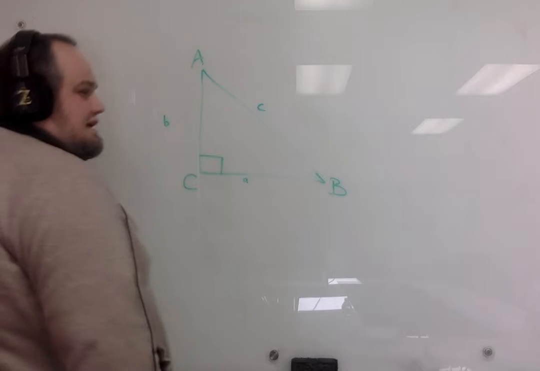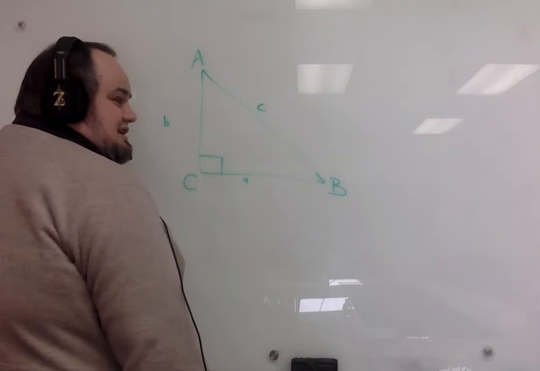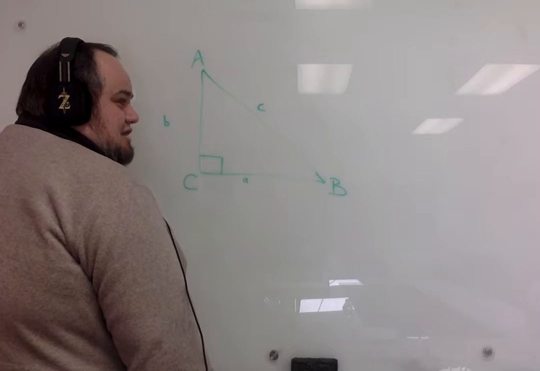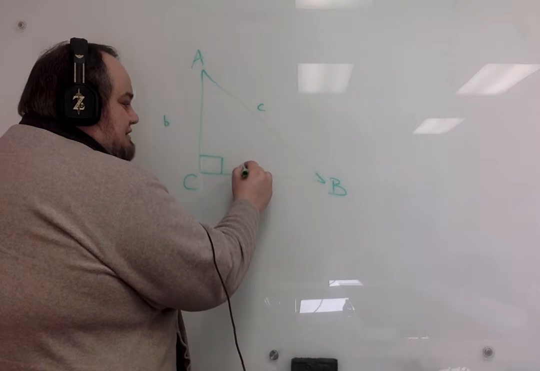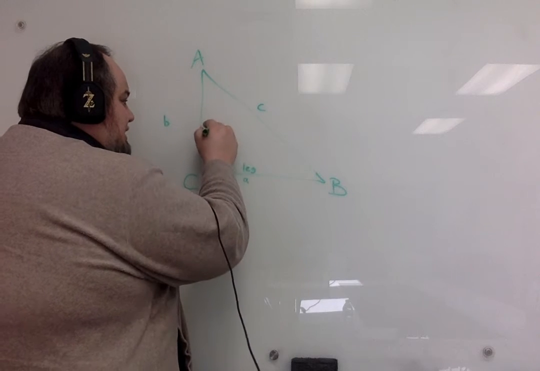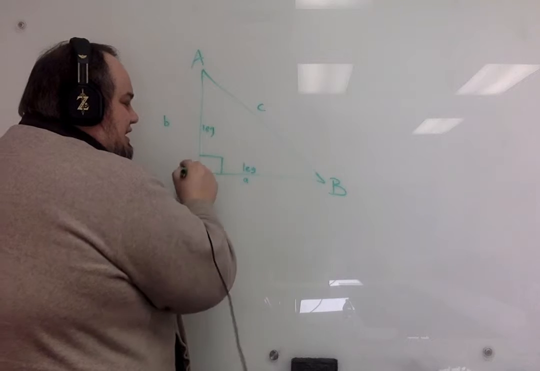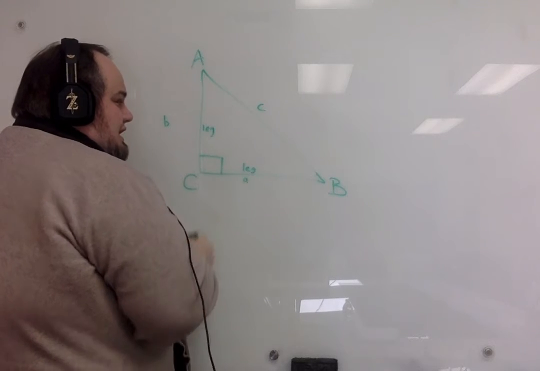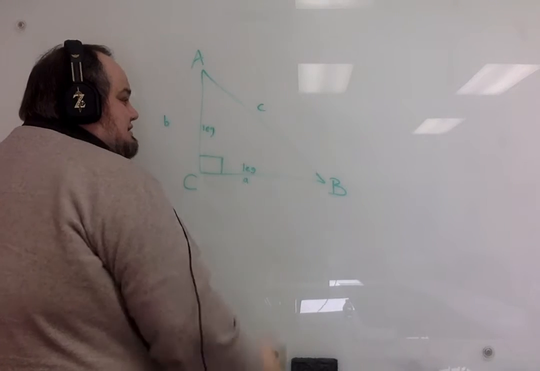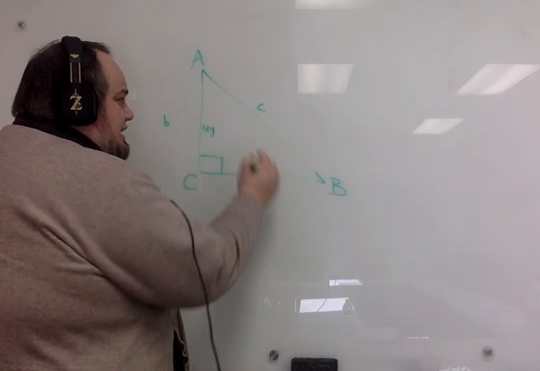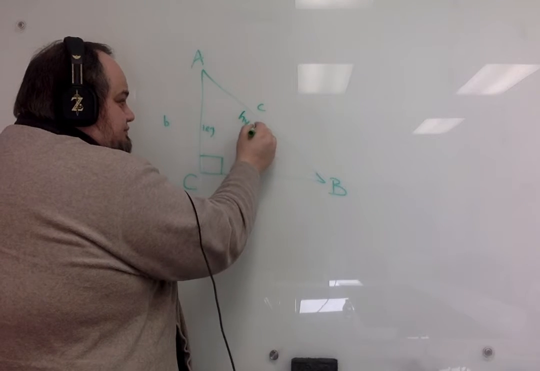Now, in a right triangle specifically, these different sides of the triangle have different names. This is called a leg. This one is also a leg. The two legs make up the right angle. And then the side that's opposite the right angle is the longest side in a right triangle, and it's called the hypotenuse.